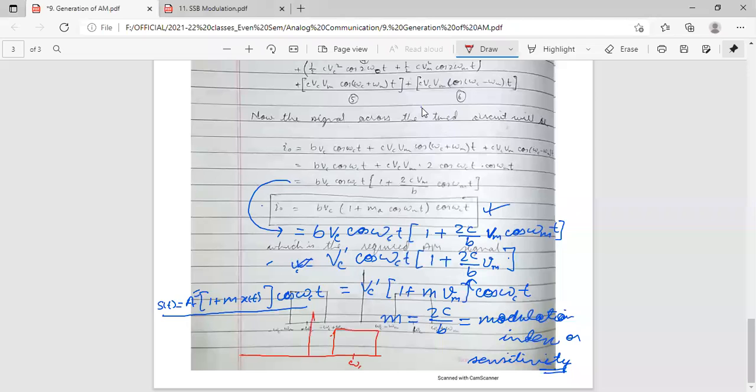This is omega c plus omega m. This part is omega c minus omega m. So these 2 points are omega c plus omega m and omega c minus omega m.